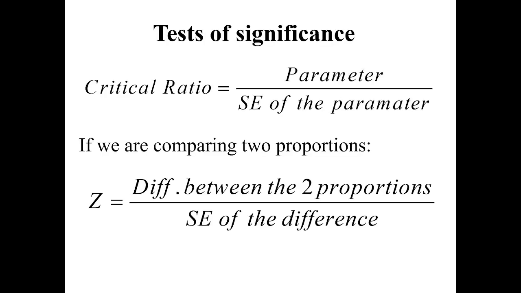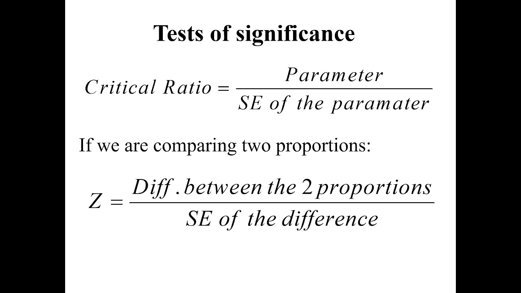The critical ratio has a generic format: a parameter in the numerator divided by the standard error of the parameter. So if you are comparing two proportions, the standard Z-test is nothing but the difference between the two proportions divided by the standard error of the difference.